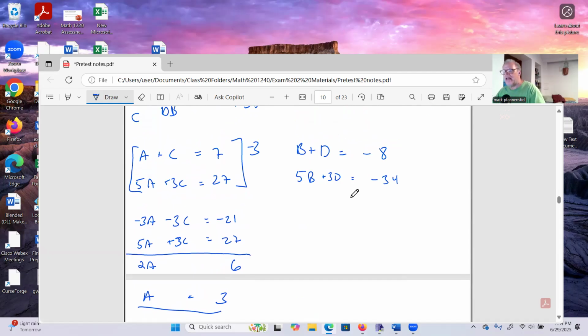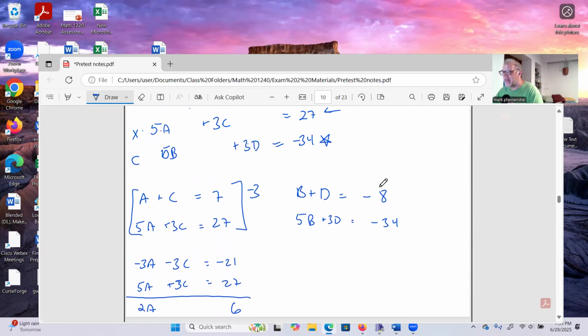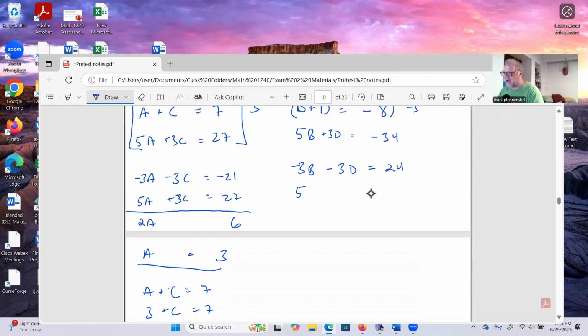All right. Now for the next one, again, I think what I'm going to do is eliminate variable d just because they're smaller numbers and multiply this piece by -3. So I have -3b minus 3d is equal to positive 24, negative times negative rather. And then we have 5b plus 3d is equal to -34.